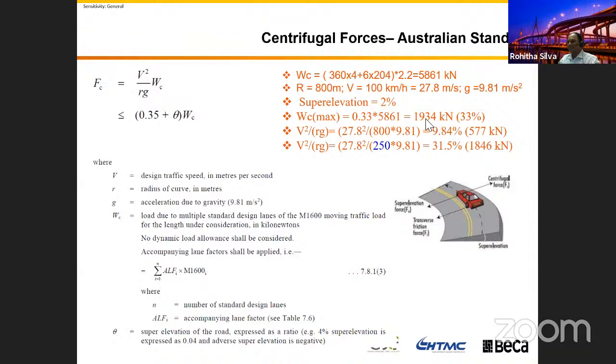If the super elevation is 2%, then using the maximum, 0.35 minus 0.02, that means 33% times that total weight. That works out to be 1,934 kilonewton, which is significantly large.